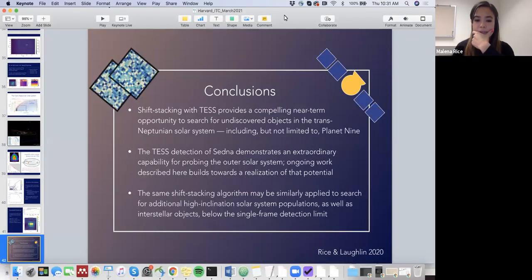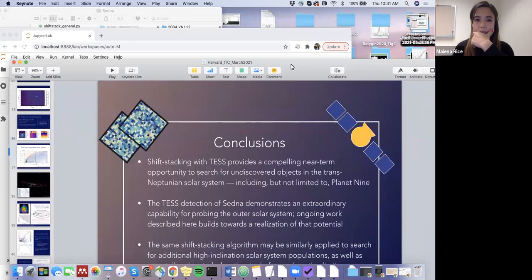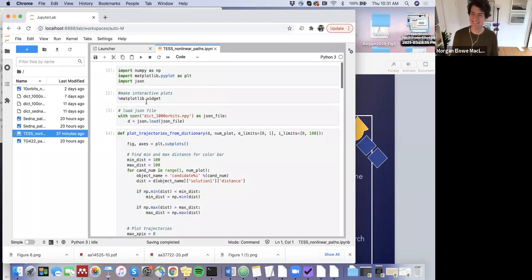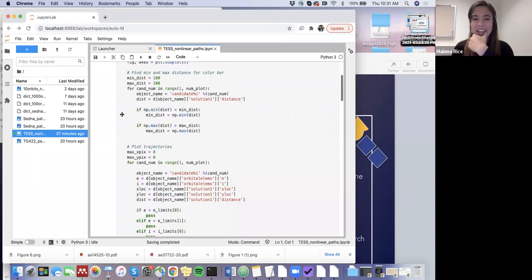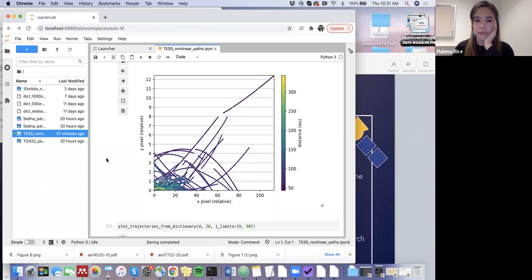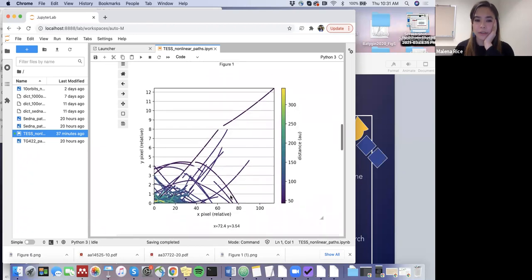Yeah, so in a nonlinear shift stack, I've actually just been working on this, so I can pull up... I've been working on developing a library of all of the possible orbital paths that you can get, the plot that you saw earlier.